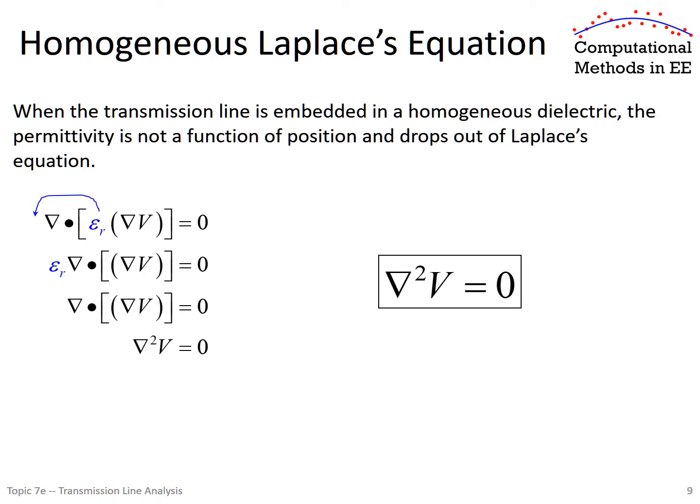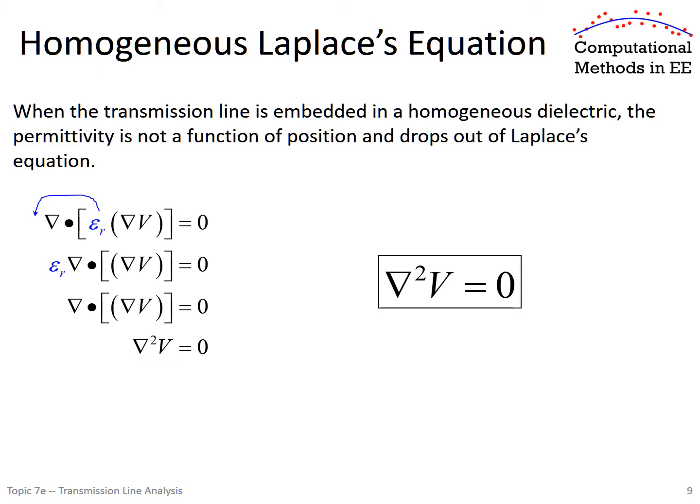Now for the homogeneous case, where the materials are constant, we can take that epsilon, the relative permittivity, outside of the del operation, and then we can divide both sides by the permittivity, and we're just left with now the divergence of the gradient. And we can combine those two operations, and we're left with the Laplacian operating on our scalar potential equals 0.